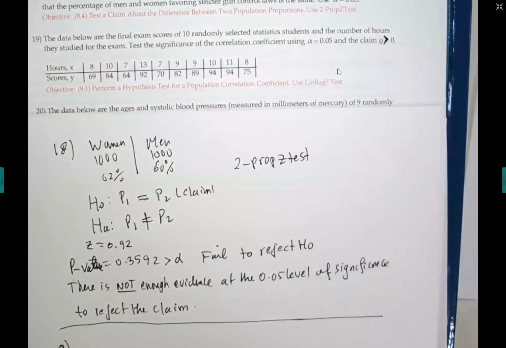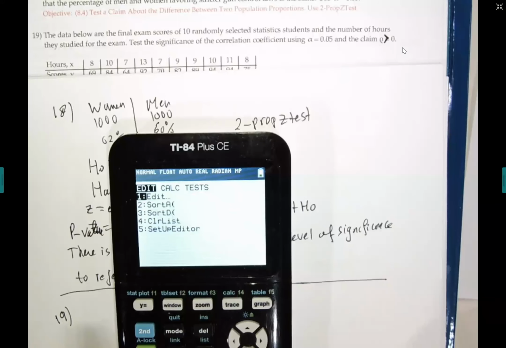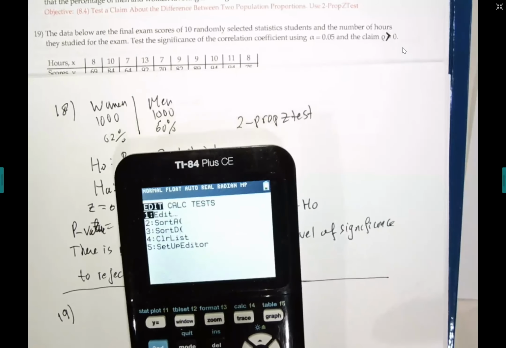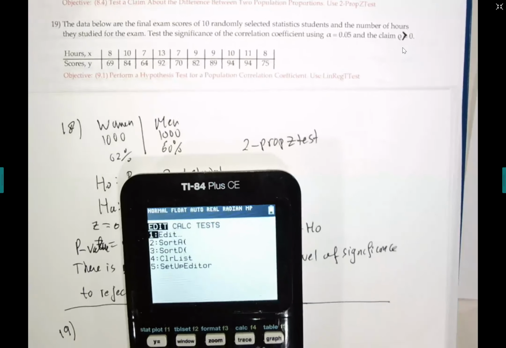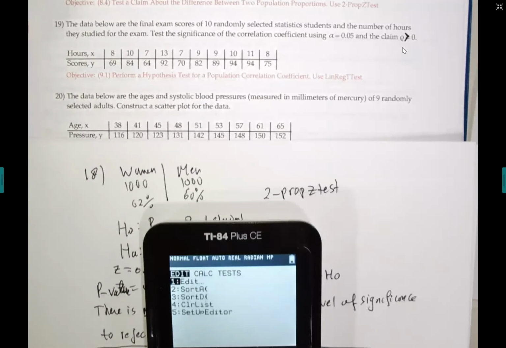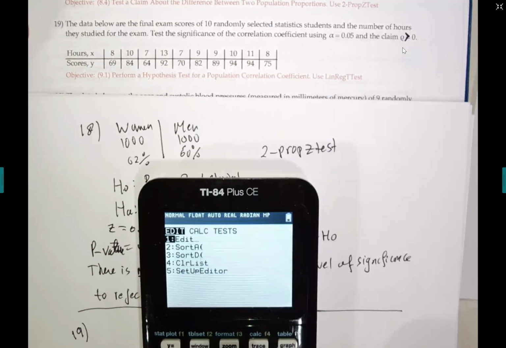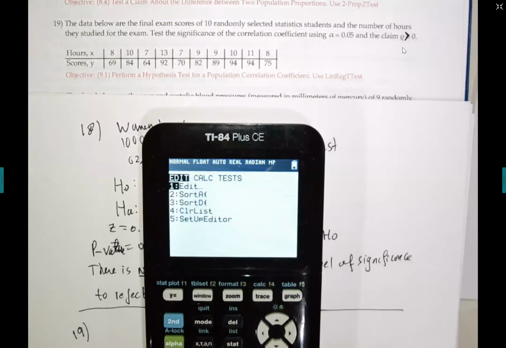Okay, let's do it. I'm going to pause here because it's going to take me a minute to enter the numbers into L1 and L2. Let me use this question number 19, guys, to review this chapter. First question, I might ask you to find R, the correlation coefficient.